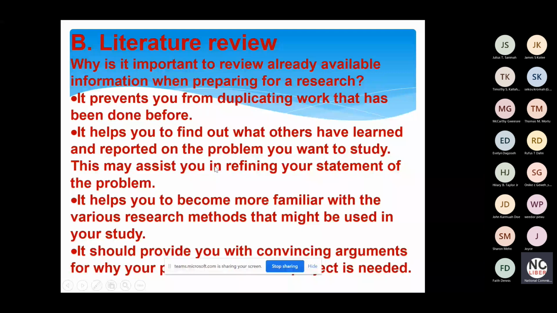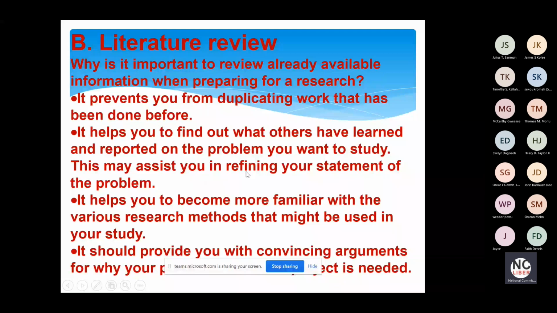Then it will help you to find out what others learned and what reports others have given about the problem you want to solve. And then if you are able to do that from reading, you are able to maybe refine your problem statement.